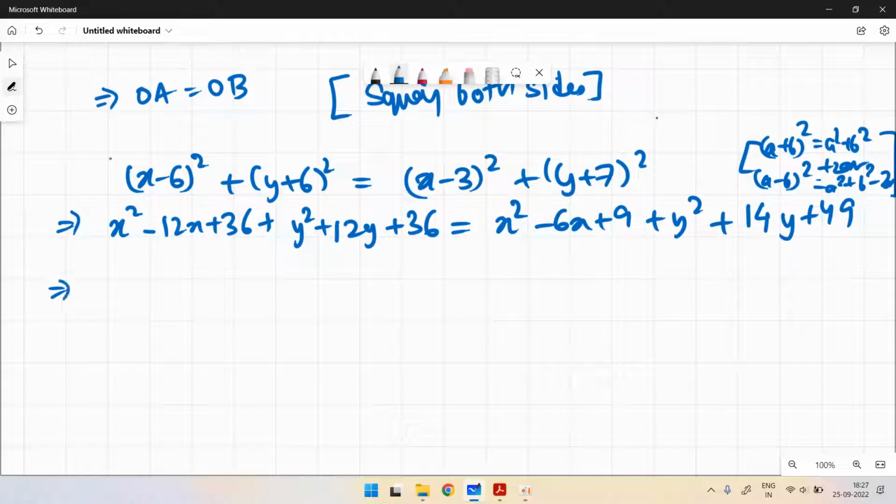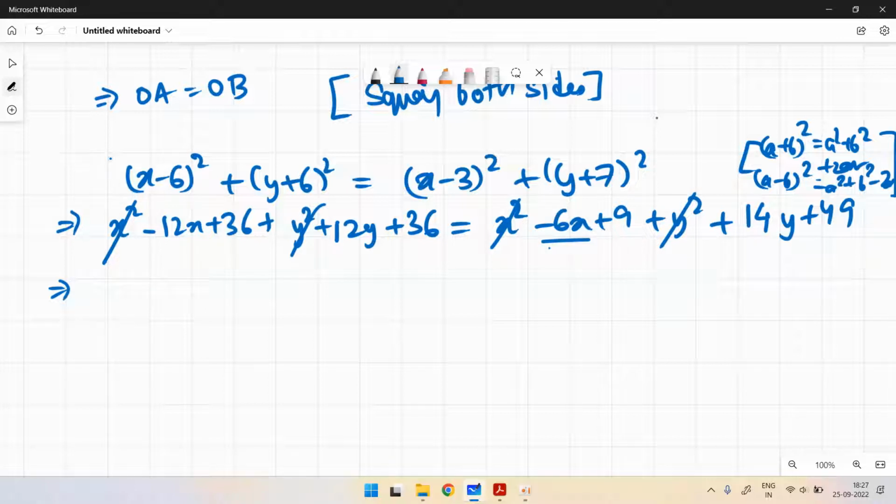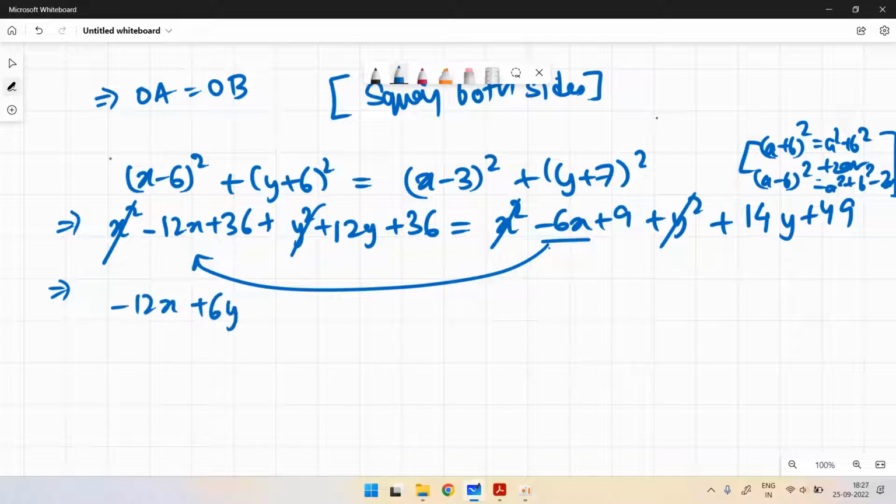So if you cancel, x square and x square get cancelled, y square and this y square get cancelled. If I take this to the other side, this is minus 12x plus 6y plus 12y, and it is 14y minus 14y, and this is plus 36 plus 36 minus 9.